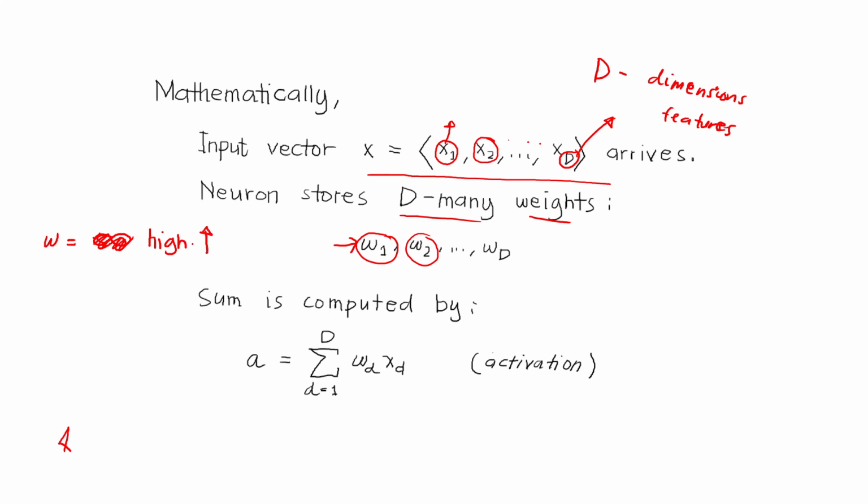When the weight is really high, that would mean that the feature corresponding to that weight exerts more influence than other features.